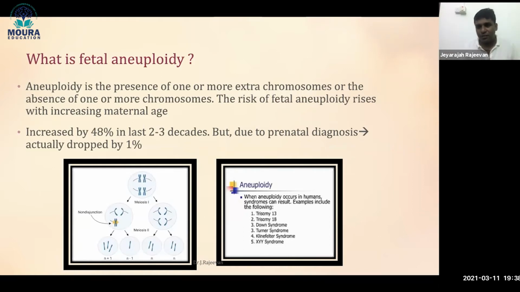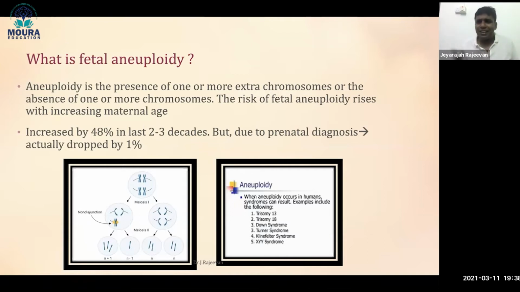Do you understand? So this screening can be of different types. Maybe biochemical screening, maybe ultrasonic screening, maybe chromosomal assessment, whatever.